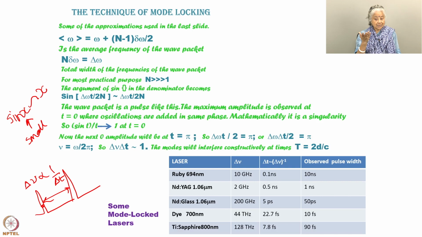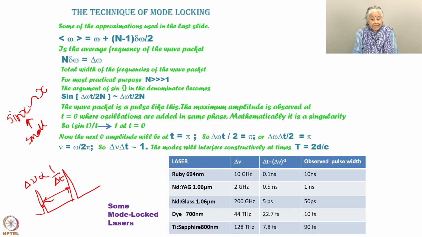So, that is the importance of T, capital T. As you increase the number of modes, you shorten the pulse. And with mode locking, people have shortened the pulse to femtoseconds. Of course, they can easily get femtosecond pulses from mode lock pulses. Picoseconds also, and femtoseconds definitely, people have got from lasing action there.